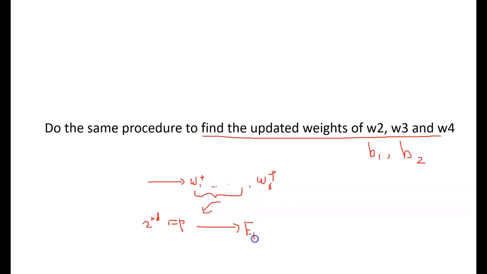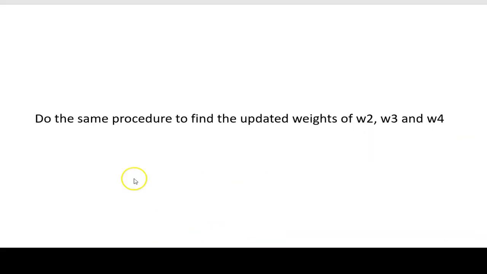And then based on this total error, the second backward propagation happens, and again the weights W1 up to W8 will be updated.